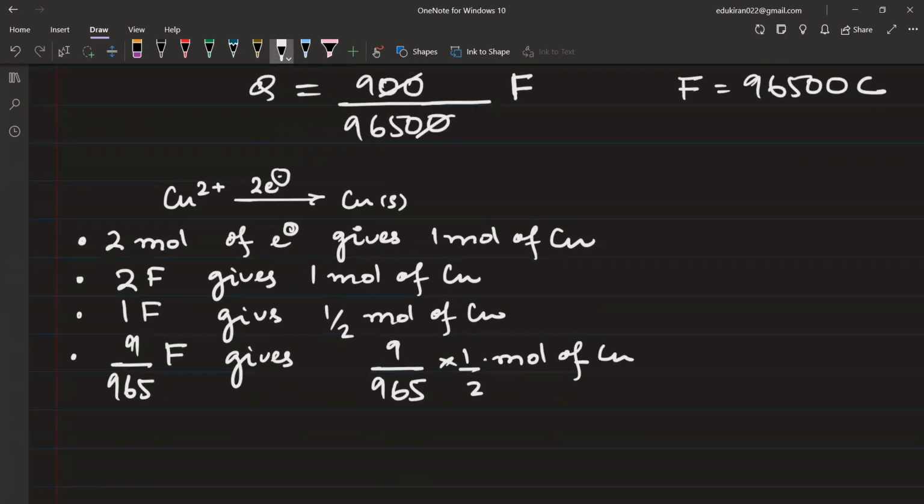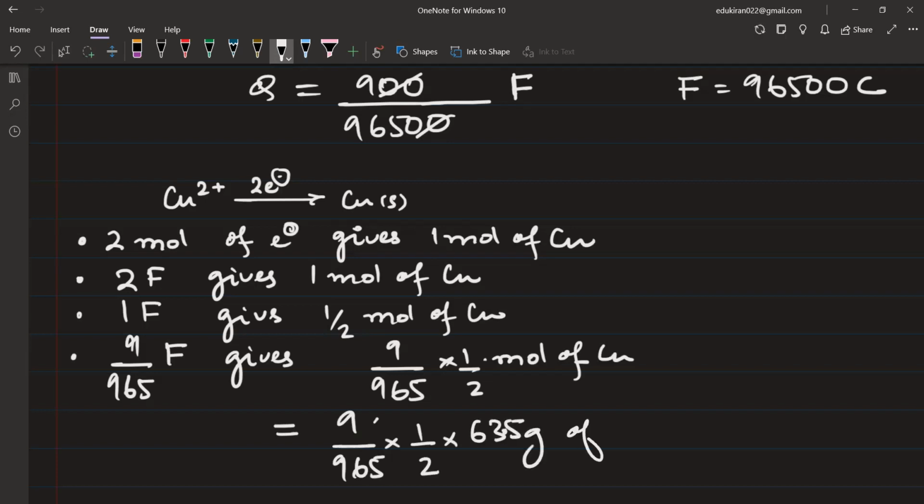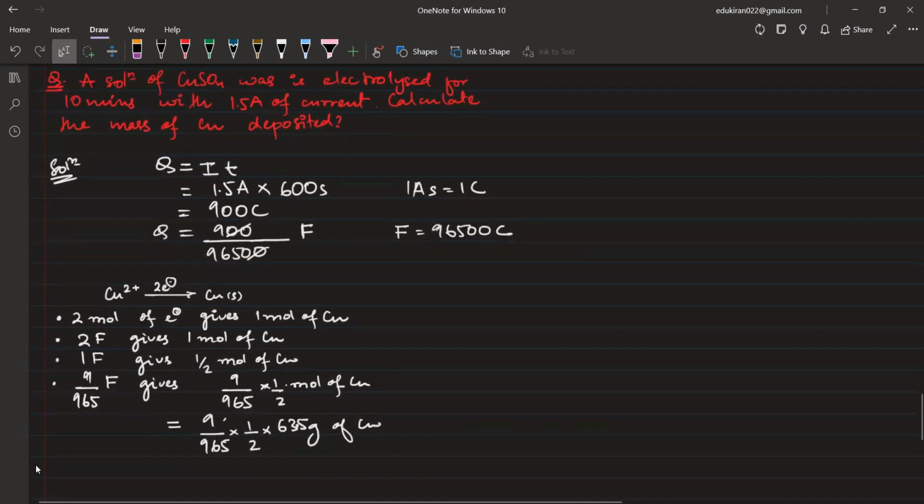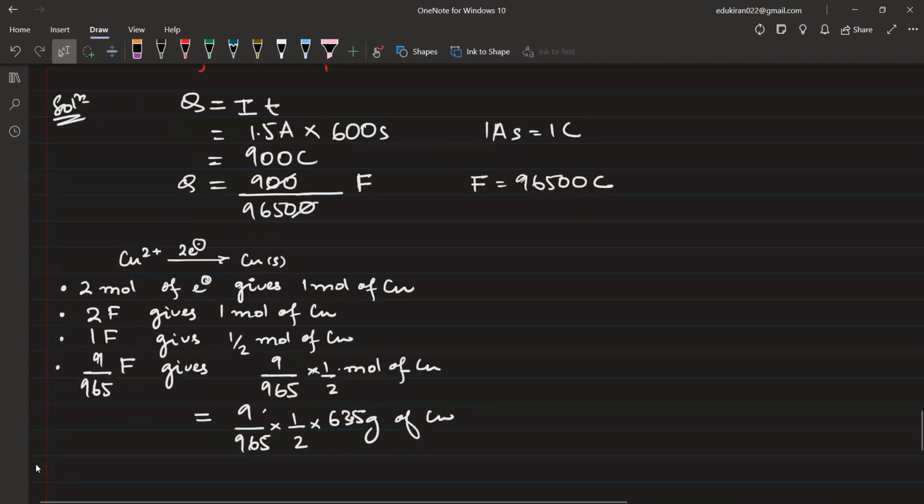Then you can write this in terms of mass also. This will be equal to 9 upon 965 into half into the molar mass of copper, 63.5 grams, of copper. It's very much like the first chapter of 11th standard. Okay. Unitary method is used very much in these type of questions. Please write this down.